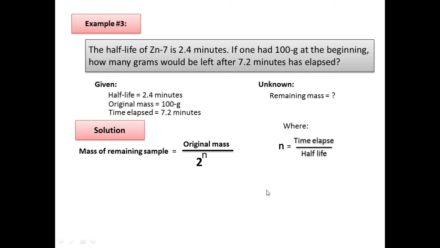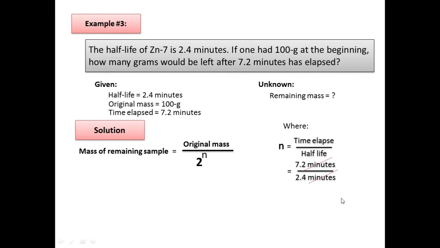So substituting that, it becomes time elapsed is 7.2 minutes divided by the half-life, 2.4 minutes. Now dividing that, i-cancel natin muna yung minute. So minutes divided by minutes will be cancelled out.